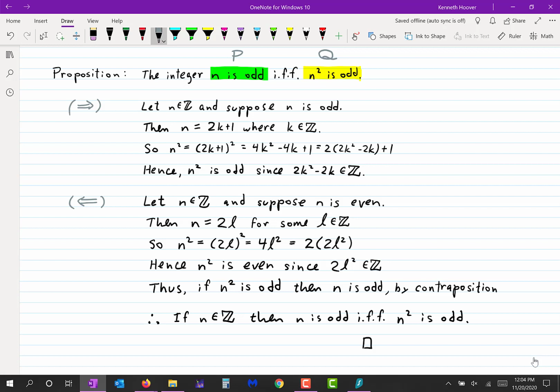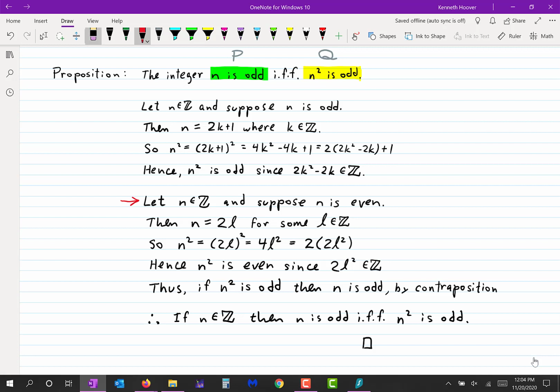Okay? But a professional mathematician in a math journal would not put things like this over here on the side. You would not see those. And in that case, I think that there needs to be some wording here showing that you're switching directions.